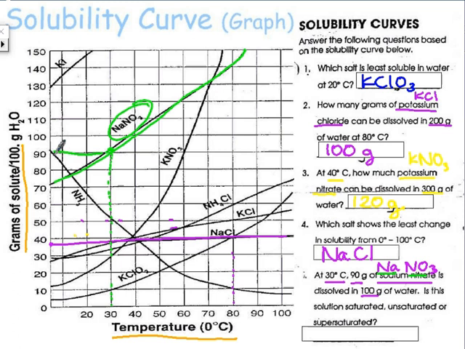Trace it over. It's right on that line, or really close to that line. So if it's right on that line, we call that saturated. If it were above the line, we'd call it supersaturated because it has more than it should. And if it had fallen below the line, we would have called that unsaturated because it could hold more.